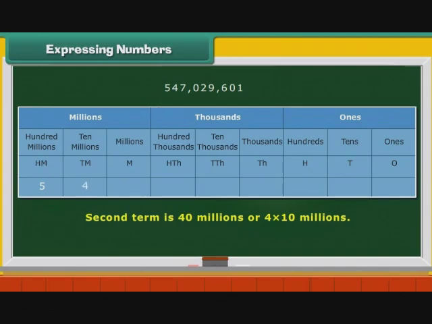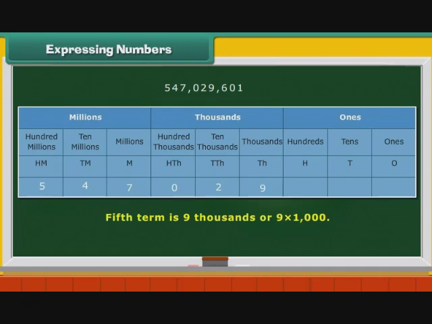Second term is 40 millions or 4 multiplied by 10 millions. Place 4 under TM. Third term is 7 millions or 7 multiplied by 1 million. Place 7 under M. Fourth term is 20 thousands or 2 multiplied by 10,000. Write 2 under TTH. As there is no 100,000 term, place 0 under HTH. Fifth term is 9 thousands or 9 multiplied by 1000.